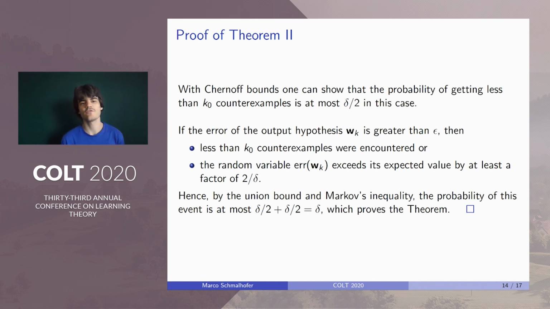So overall, if the error of the output hypothesis wk is greater than epsilon, then less than k0 counterexamples were encountered, or the random error of the output hypothesis exceeds its expected value by at least a factor of 2 over delta. And hence, with the union bound and Markov's inequality, one can bound the probability of outputting a hypothesis with an error bigger than epsilon by delta, which proves the claim.